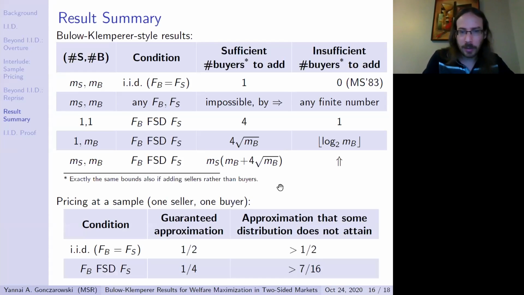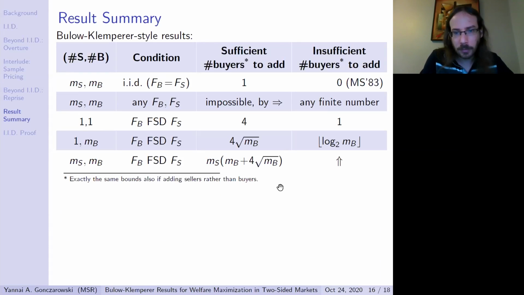So Yannai, can I just make a comment? Yeah. The way I think about Bulow-Klemperer is that you have tons of buyers, and the beauty of the result comes from the fact that you add a single buyer and you get this magic, right? Now here, if you look at a single buyer and you need to add 4, you need to multiply the number of buyers in your market by 5.